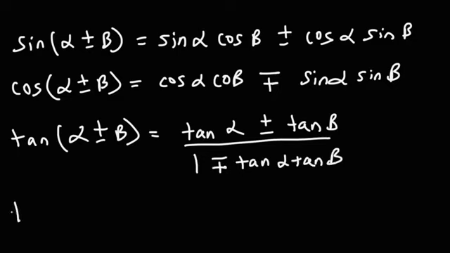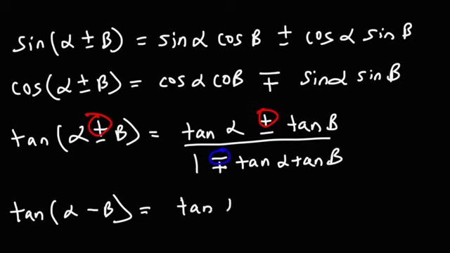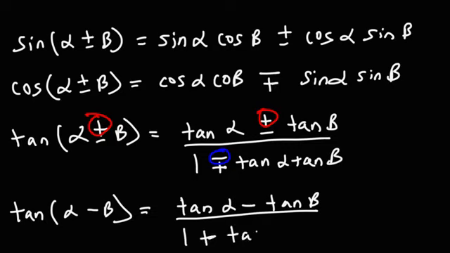So for instance, let's say if we had a negative sign between alpha and beta, what's the formula going to be? Notice that these two, they match, but it's opposite to what we have here. So tangent alpha minus beta is going to be tangent alpha minus tangent beta, the first two signs match, the other one's going to be flipped, and then 1 plus tangent alpha tangent beta.